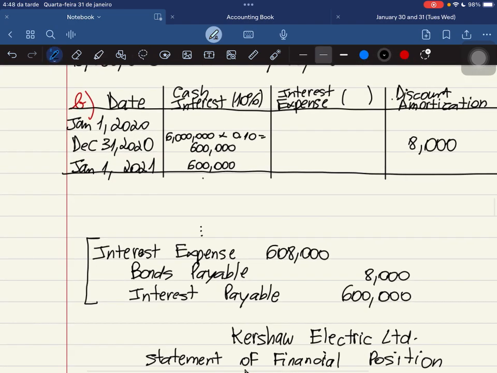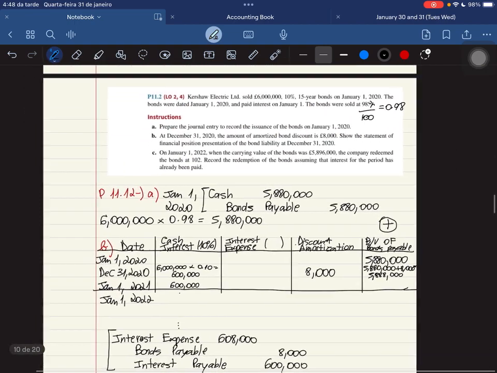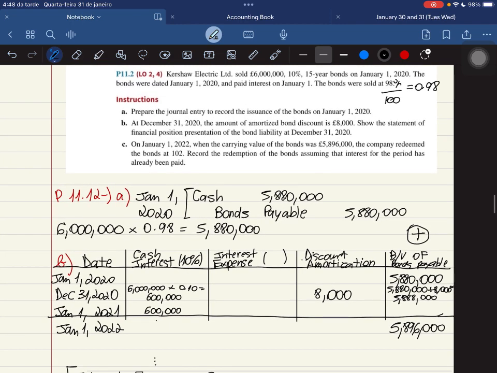Okay. So we are at January 1st of 2022, and they said that the carrying book value of the bonds is 5,898,000. Okay. All right. So they redeemed the bonds at 108.